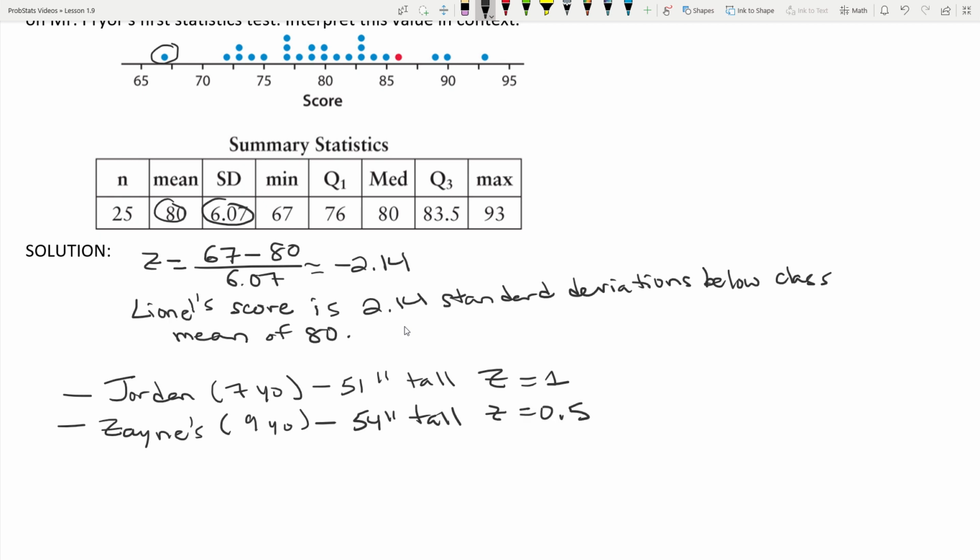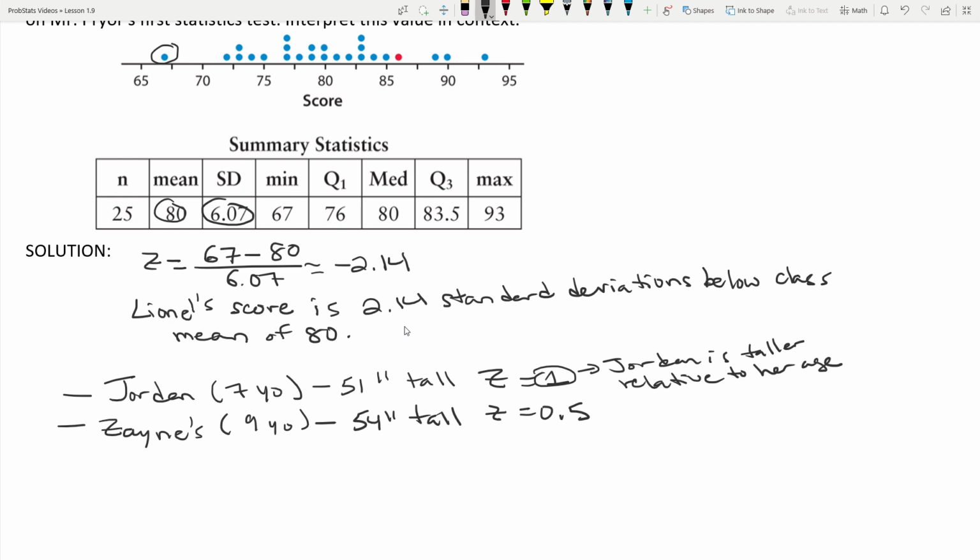Well, then what does that tell you? Well, you can compare these directly, because even though they're different age groups, you can compare the results directly. So for Jordan, Jordan is taller relative to girls her age, because she is 1 standard deviation above the average. So Jordan is taller relative to her age group.